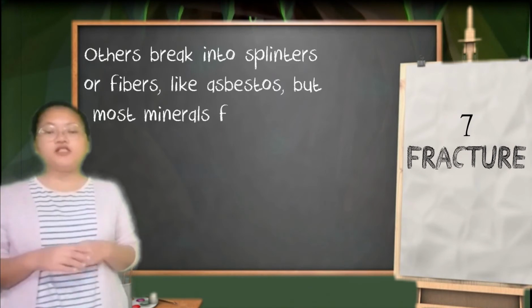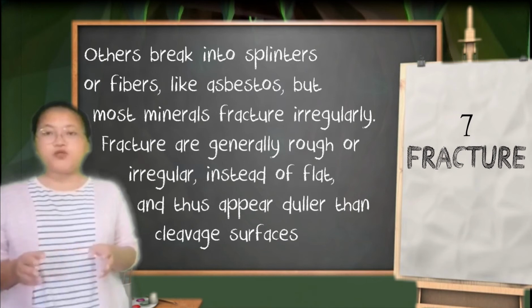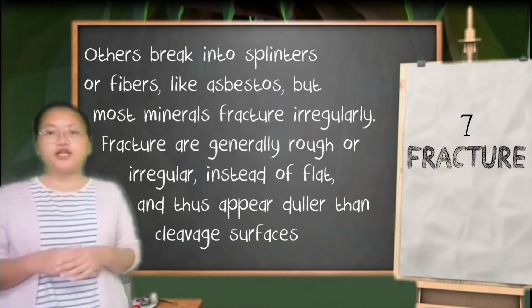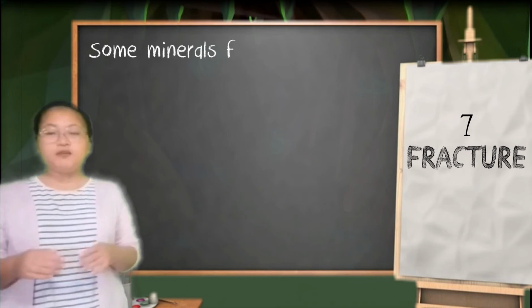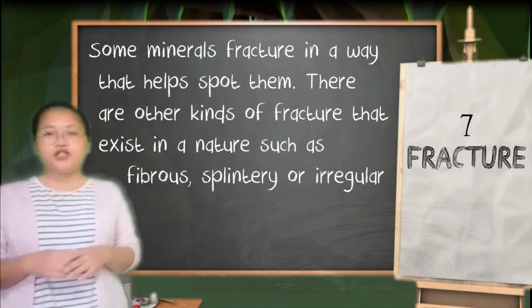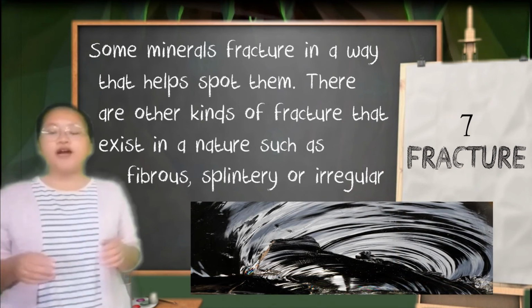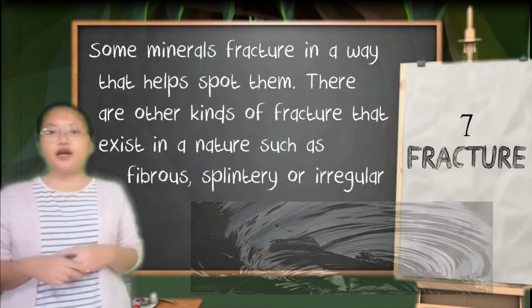Others break into splinters or fibers like asbestos. But most minerals fracture irregularly. Fractures are generally rough or irregular instead of flat, and thus appear duller than cleavage surfaces. Some minerals fracture in a way that helps spot them. There are other kinds of fracture that exist in nature, such as fibrous, splintery, or irregular.